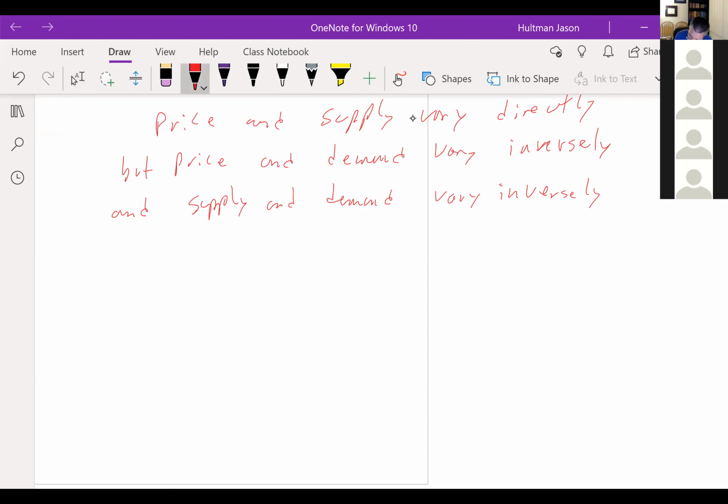Okay, so let's look at number 3 here. Okay, real quick. Okay, let Q represent the number of items produced, and X represent the price per item.